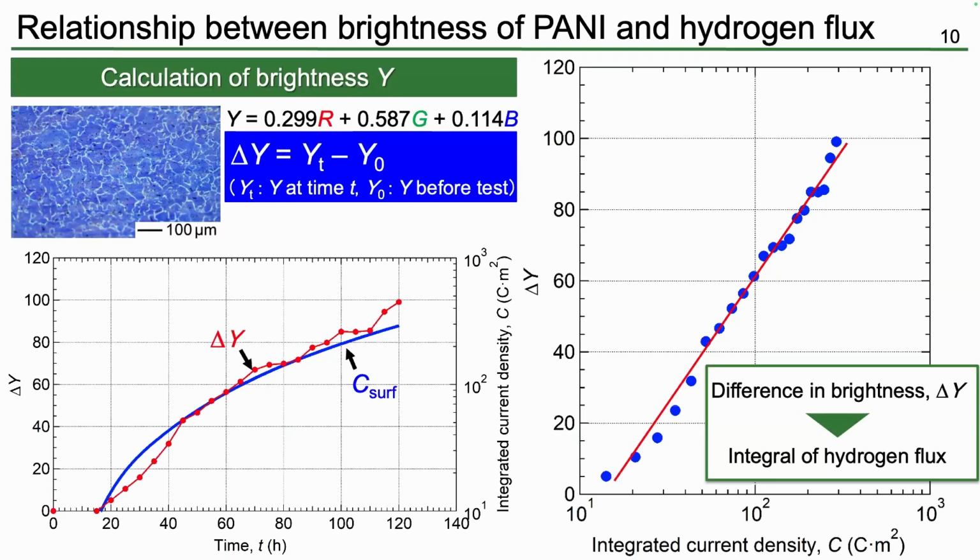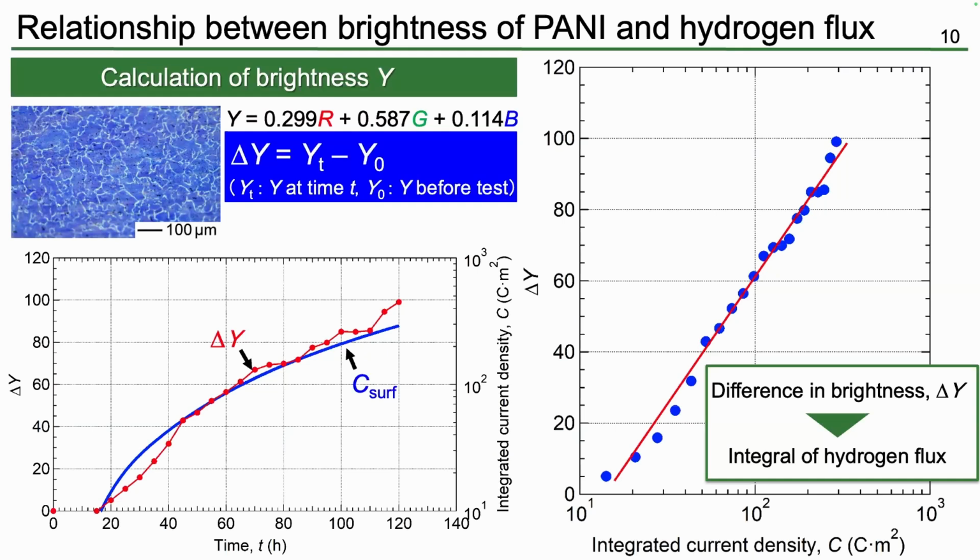So in this graph, the red curve shows the time variation of the delta Y of this whole observation area during the hydrogen visualization test. And the blue curve shows the integrated hydrogen permeation current density, which was obtained by the conventional hydrogen permeation test with Devanathan cell.